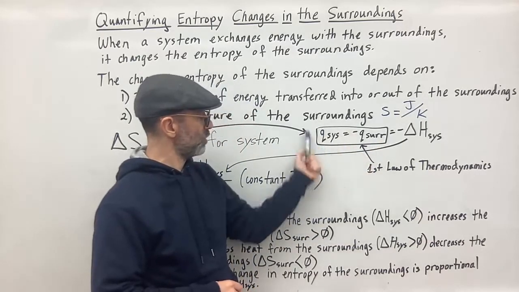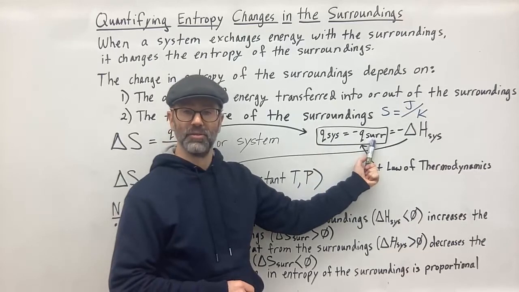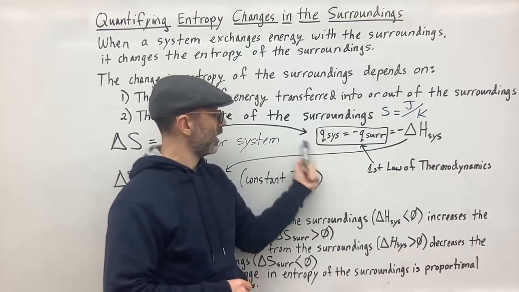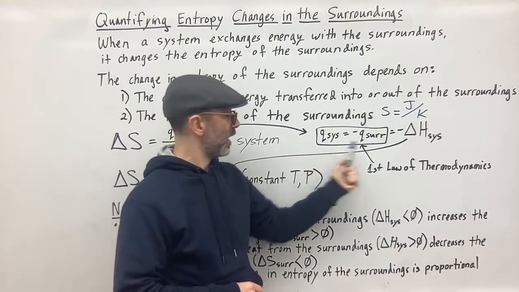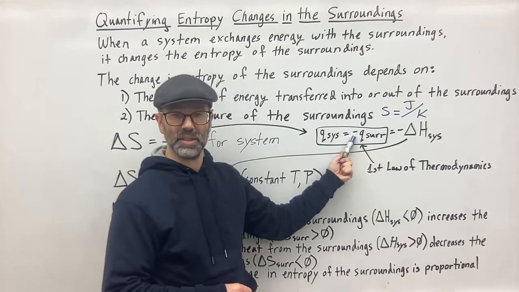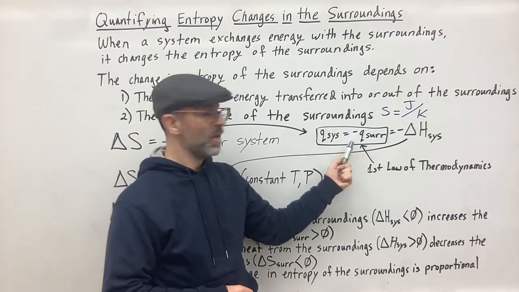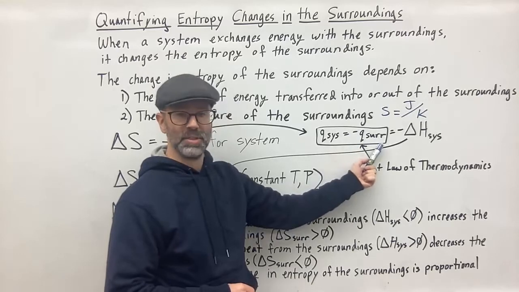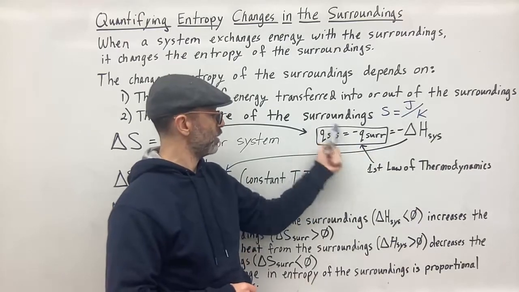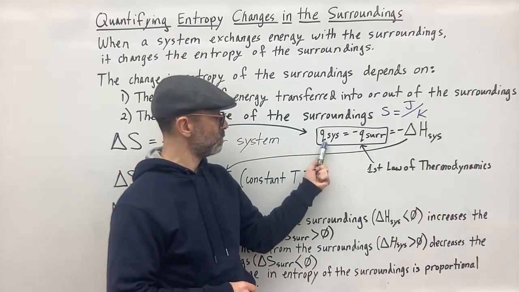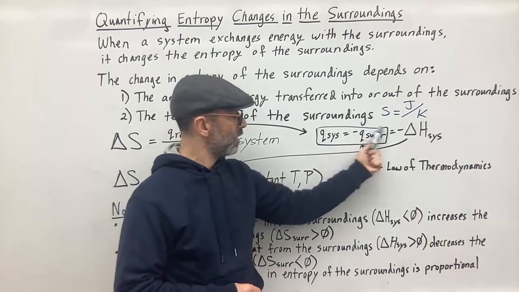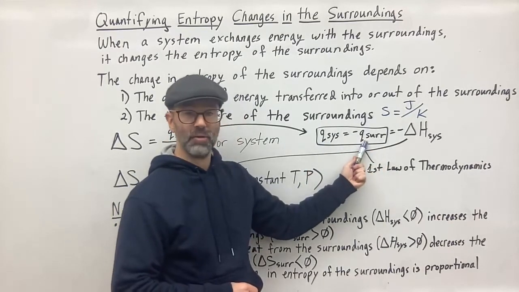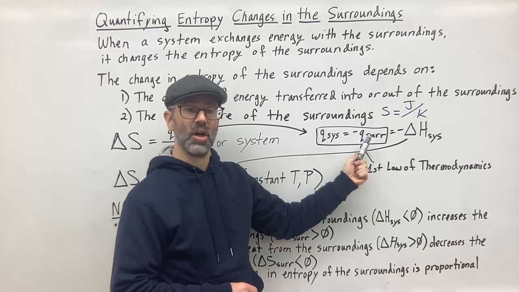If I lose energy from my system, that's gained by the surroundings. If I gain energy into the system, that's lost by the surroundings. That's why there's this negative sign there. The negative just means that it's opposite. Whatever amount of energy I gain here, if this is positive, then the amount that the surroundings get is negative, so the surroundings lost energy.